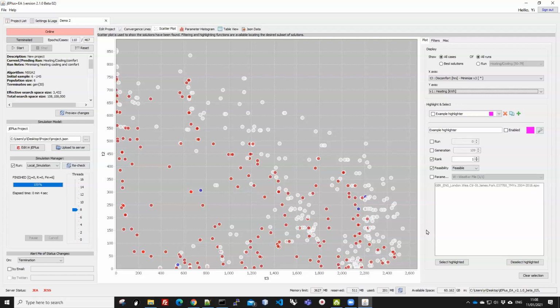Right now, there are two things you can do. The first one: the problem now is we have 3 objectives. Can you reduce it to 2 while still having discomfort as one of them?